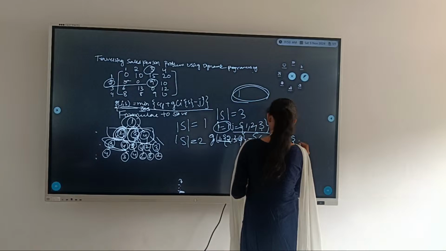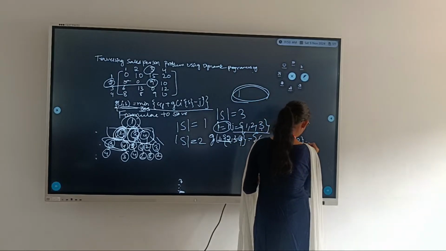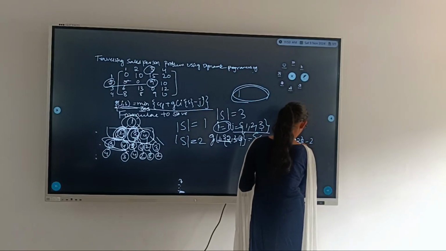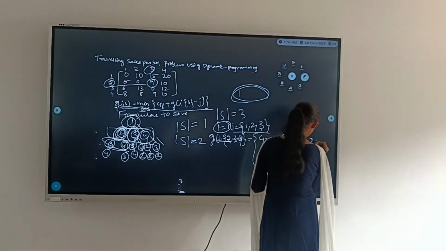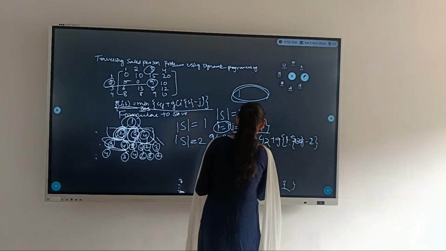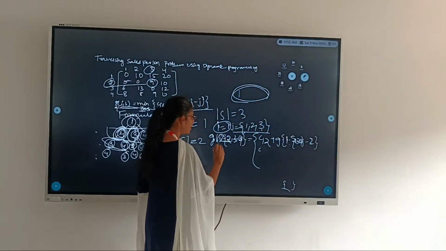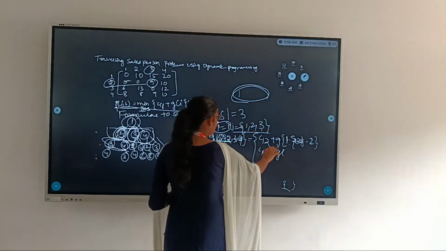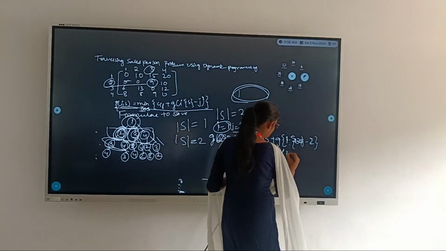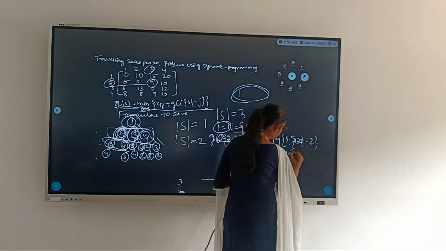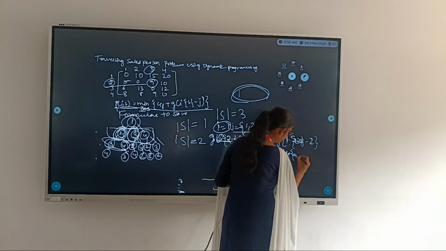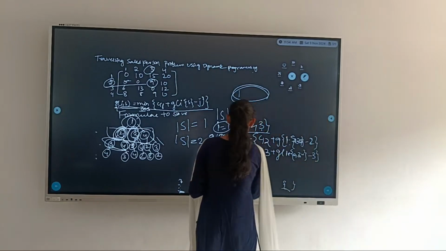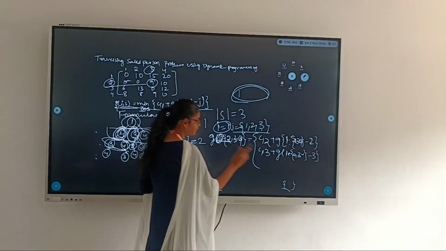S is 2 minus j. Minus j is 2. So again I am forming the column number 1 with 3. So C13 plus g of i is 1 and again 2 comma 3 comma 4 minus, and again these can be formed with column number 1 and 4.